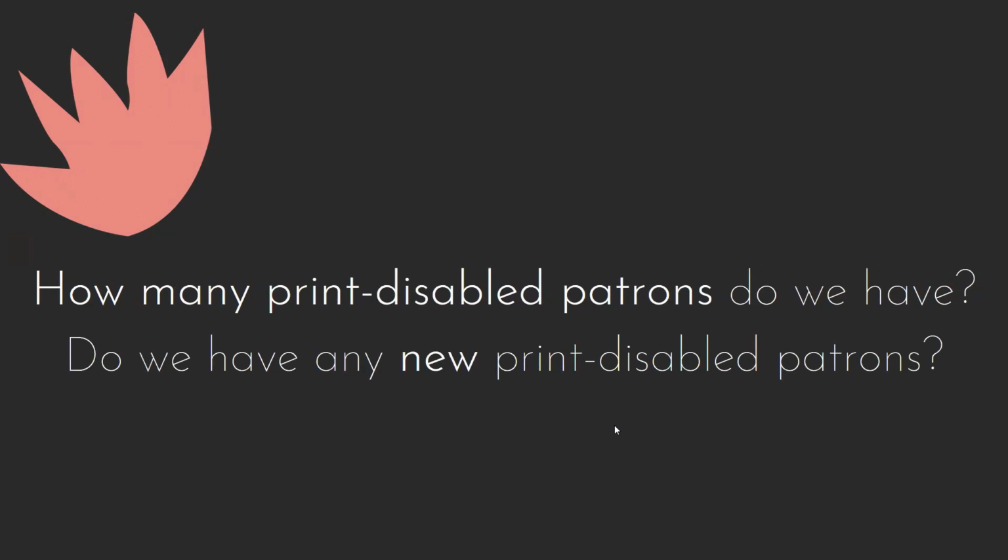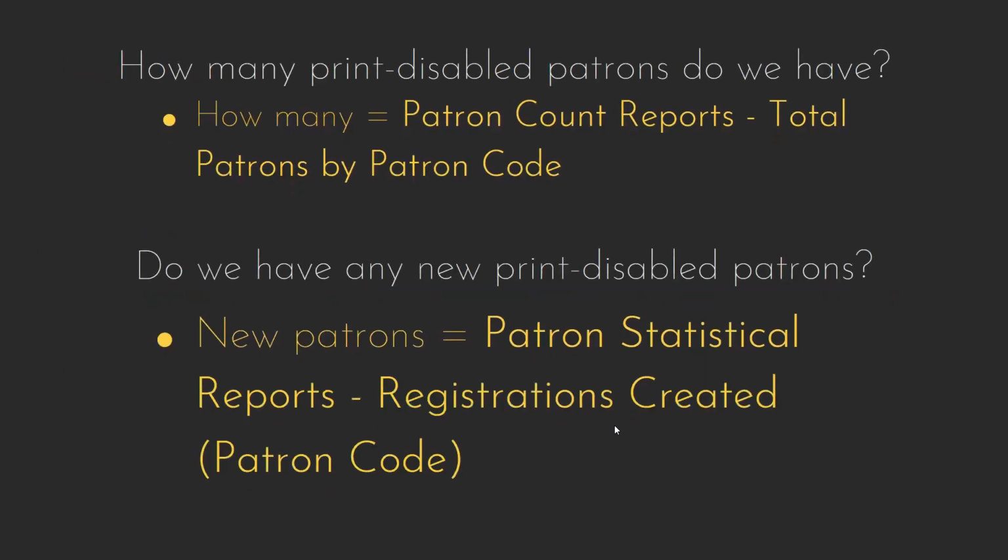And then we have the next question, that is, do we have any new, which then will put us to the statistical report for that time-based one. So how many print disabled, patron count report, total patrons by patron code, and then any new print disabled patrons goes to that statistical report.